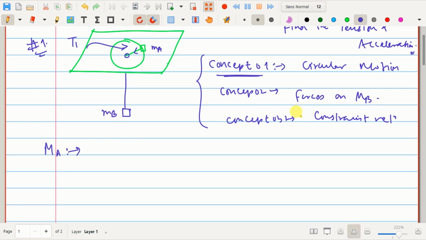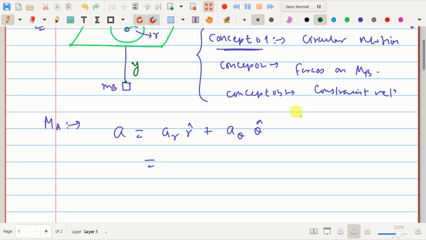Now, since MA is moving in a circular motion, what is the acceleration for circular motion? It has two accelerations, one in the radial direction and another in the tangential direction. Let's say from here to here we have R, and from here to here, the string length, we have Y.